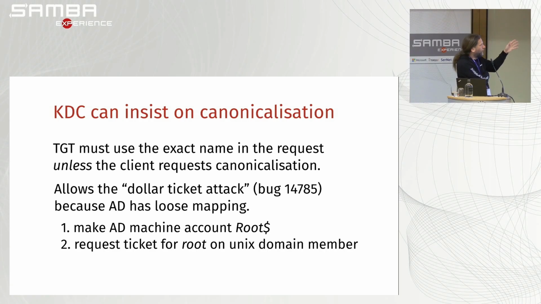If you don't ask for canonicalized C name when you're asking for your TGT, it has to give you back the name that you asked for. That's in the original Kerberos 5 protocol.